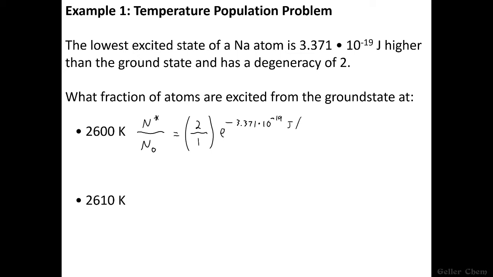And we divide this by the Boltzmann constant, which is 1.381 times 10 to the minus 23 joules per Kelvin. And then that's multiplied by our temperature, 2600 Kelvin.